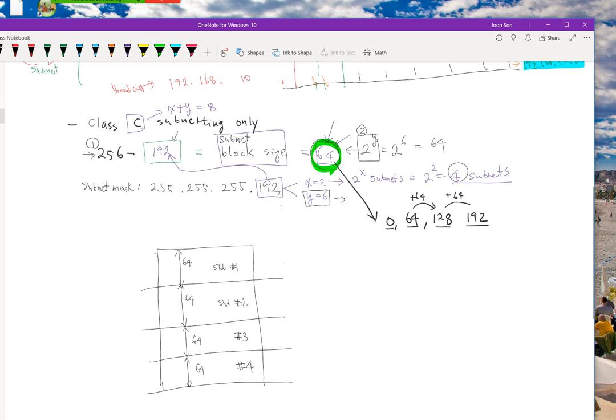The network address for the first subnet is 192.168.10.0.